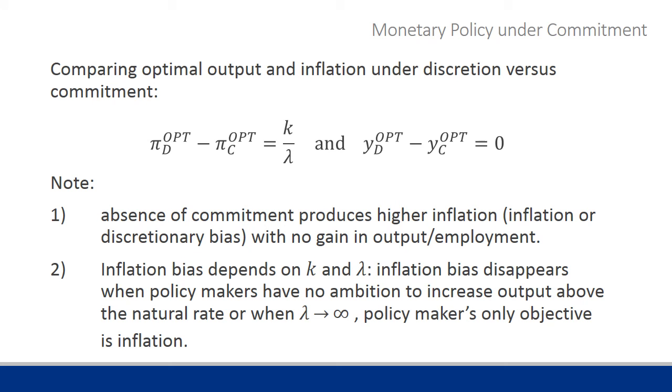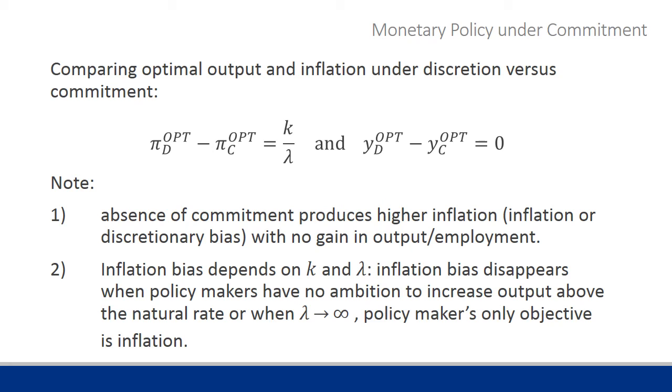Now that we've calculated the optimal rates under discretion and under commitment, we can compare them. Let's look at the case for inflation. The difference between the optimal rate for discretion and the optimal rate for commitment is equal to k over lambda.